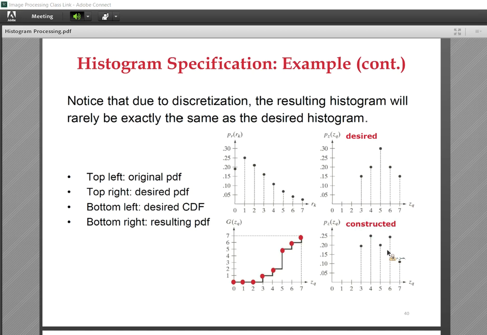It is nearly the same as the desired, not exactly, the nearest one. This was original, this was desired, and this is the resultant constructed. And this is the CDF. This was for reaching a desired histogram from an original histogram by these 3 slides.